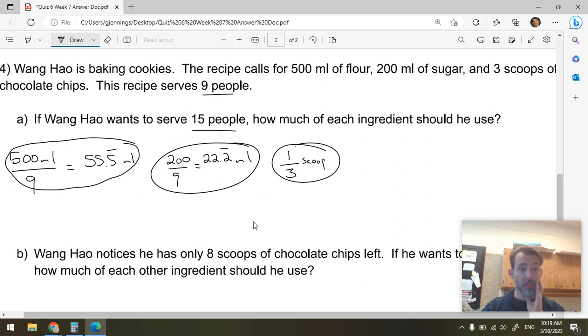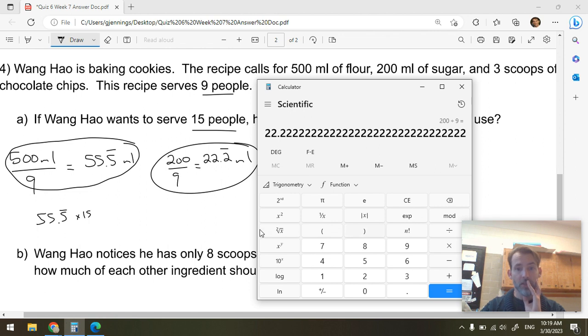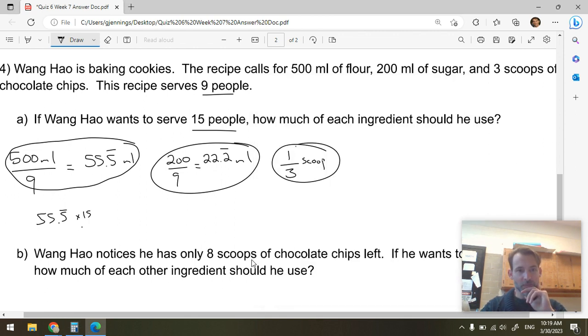All right. These numbers here give us the amount that one person needs. So I can just multiply those all by 15. So 55.5 repeating times 15. Let's just do that. 15.5555555. Lots of 5s gives us enough accuracy. Put in a 6 there for slightly more accuracy. Times 15 gives us 233 1/3.